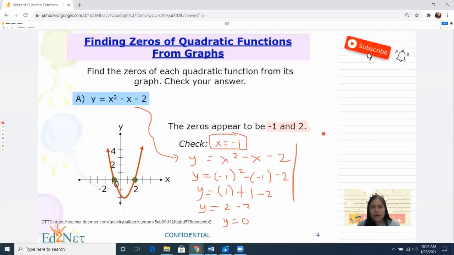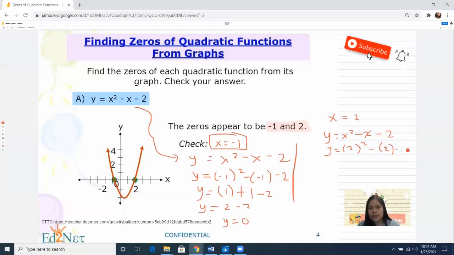Next, how about if x is equal to +2? We use the same equation, y = x² - x - 2. Substituting +2 for all x, we have 2² minus 2, don't forget the parentheses, and then minus 2.